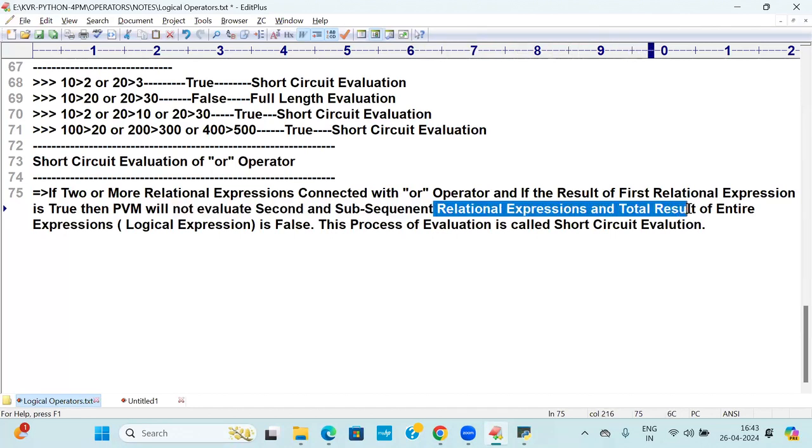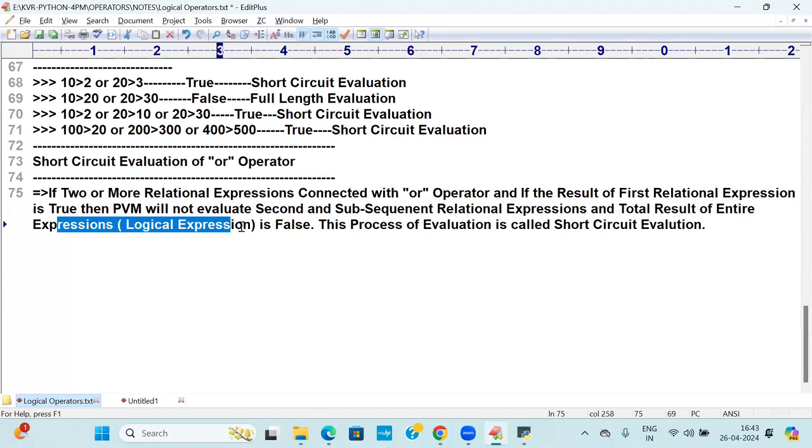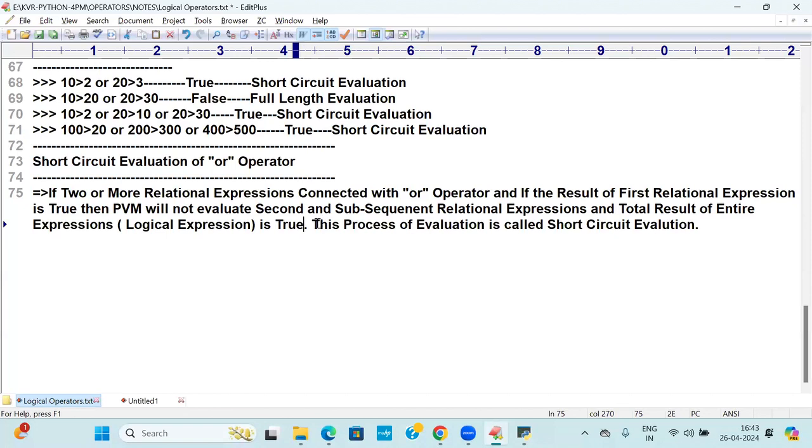And the total result of the entire logical expression is true. This process of evaluation is called short circuit evaluation. Is it clear or not clear? Clear.